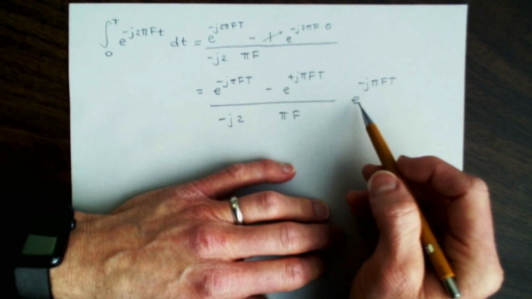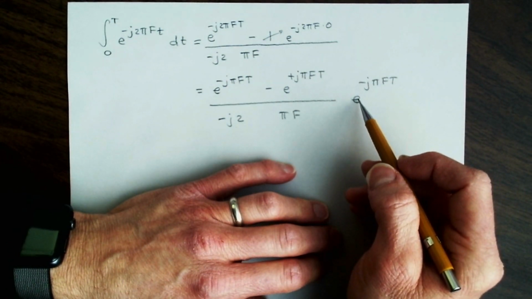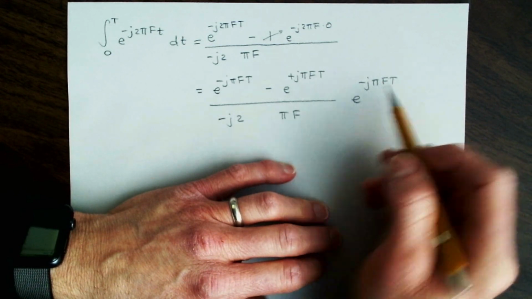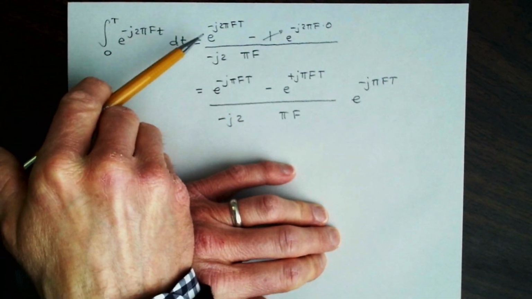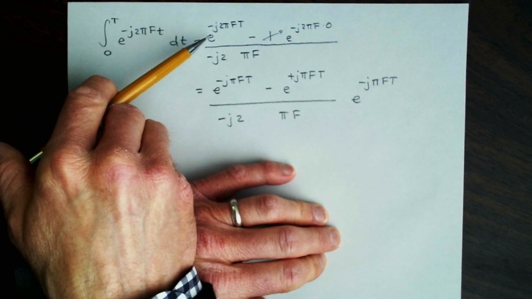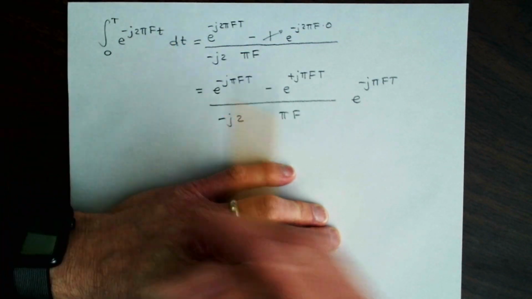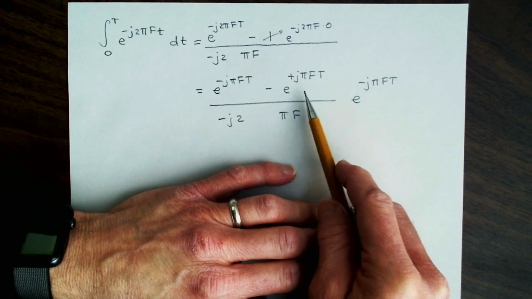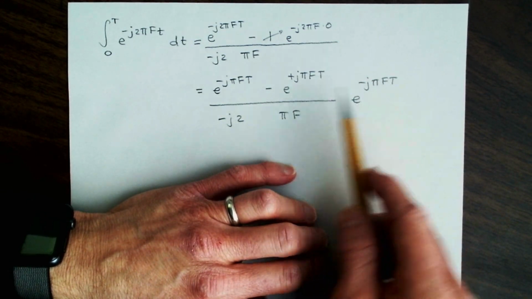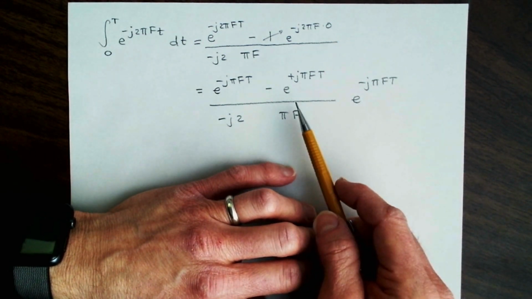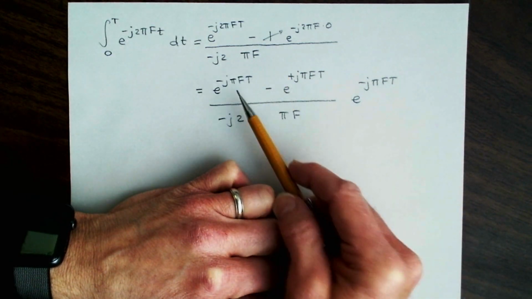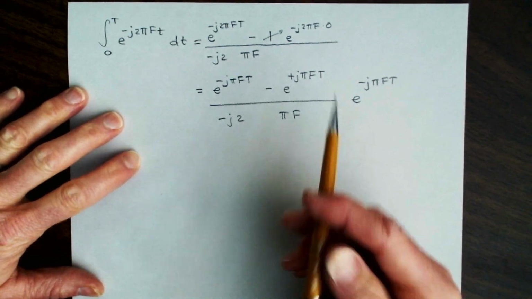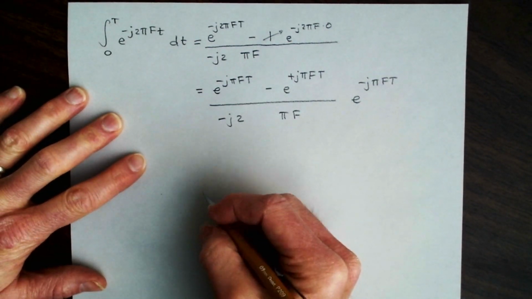And notice what happens if we do. If we multiply e to the minus j pi f t by this term, we'll recover e to the minus j 2 pi f t. And again, if we multiply these two exponentials together, you can see that those will essentially cancel and we'll get back to 1. So by multiplying that back through, we can see that that is in fact equivalent.